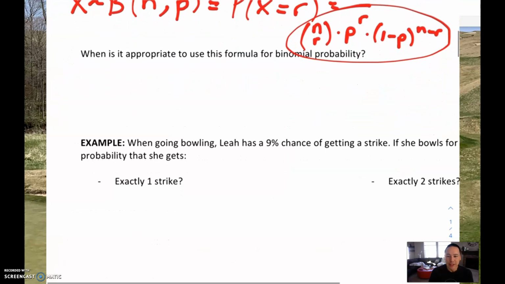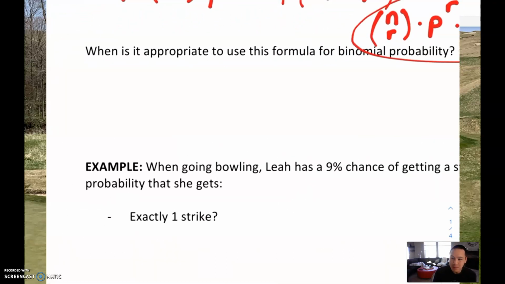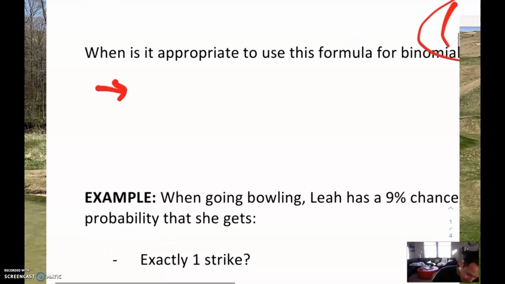When is it appropriate to use this formula? It's named binomial, bi meaning two. There's only two options. Something either happens or it doesn't.